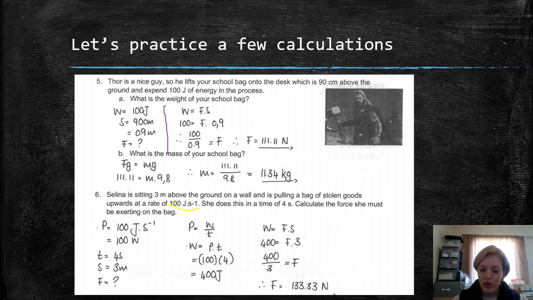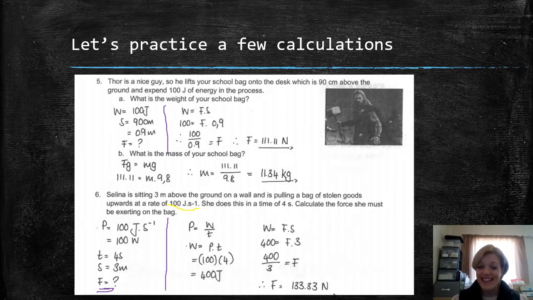So what I want you to do is, let's look on the side. The power has already been given to you by saying joules per second is equal to 100 watts. The time is 4 seconds. The distance is 3 meters. They want the force. That is the answer that they want. So let's divide this up and let's work out our work from our power formula. If I manipulate my power formula, work is going to be power multiplied by time.